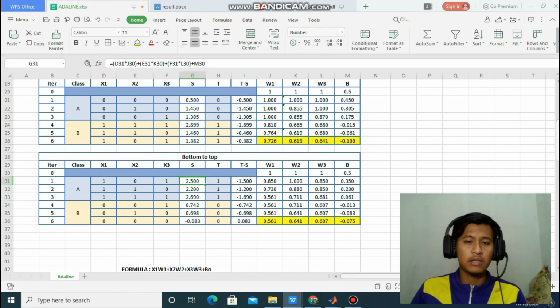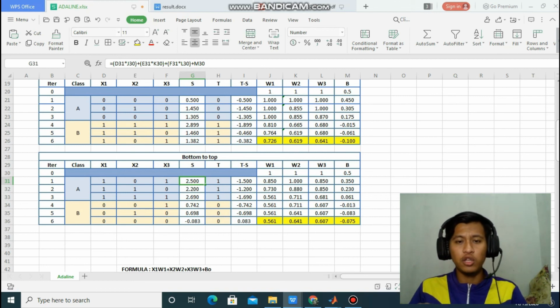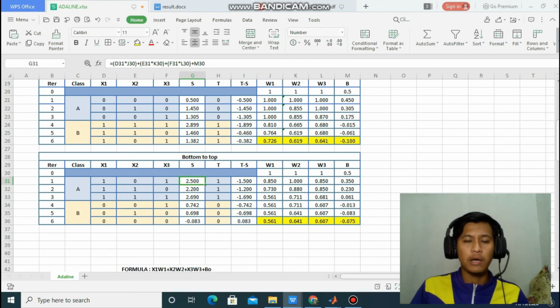To define w1, we use the same formula, w new equals w naught plus n times x1 times theta minus sum.